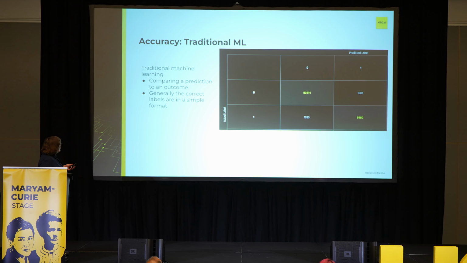Another commonality between supervised learning and generative AI is we're interested in the accuracy of the results. And here I'm just showing a confusion matrix showing the prediction of the model, 0 or 1, and this is for the hospital patient data again. The predicted label is on the horizontal axis, and the actual label is on the vertical axis.